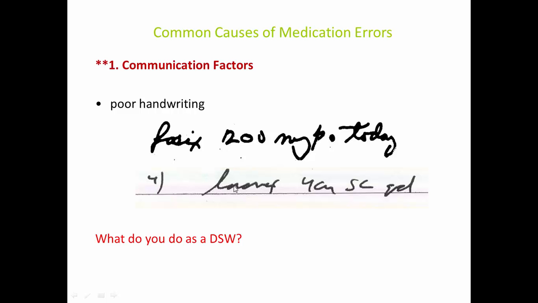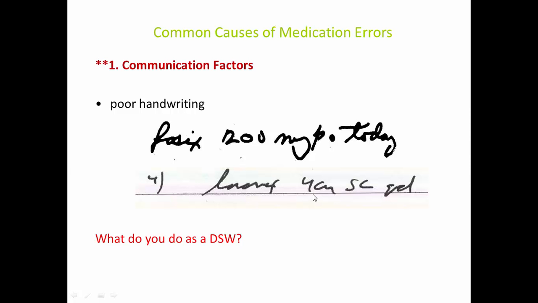The second one also is a handwriting issue. That says Lovenox, and the Lovenox is an anticoagulant, and I believe this says 4 cc subcutaneous QD, every day. I think that's what that says, although this is also dubious.